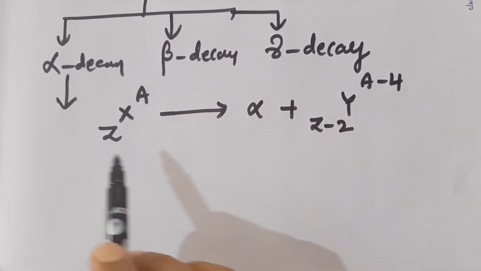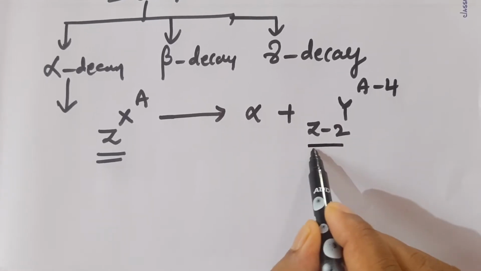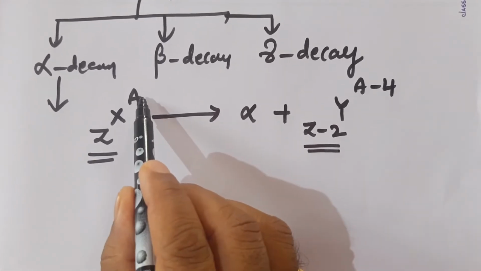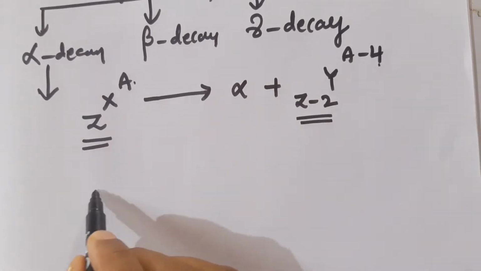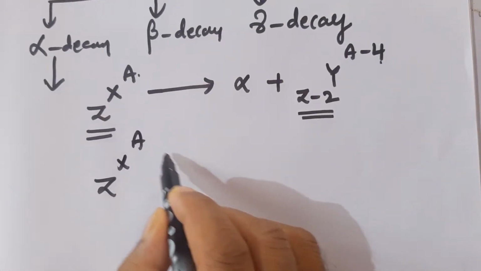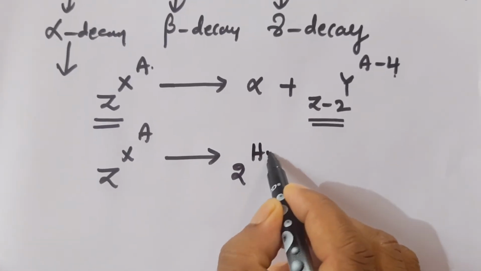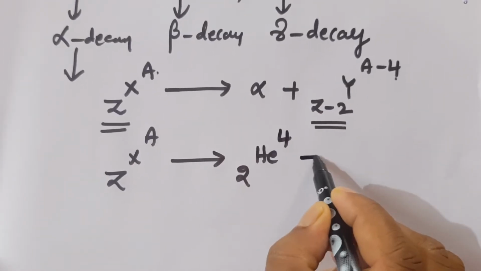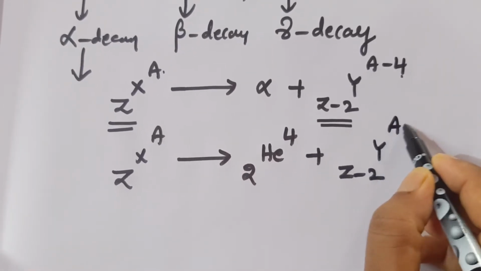Here what are we observing? The atomic number Z decreases by 2 units. The mass number A decreases by 4 units. So we can write it like this also: ZXA gives rise to alpha particle, denoted as 2He4, plus Z minus 2 YA minus 4.